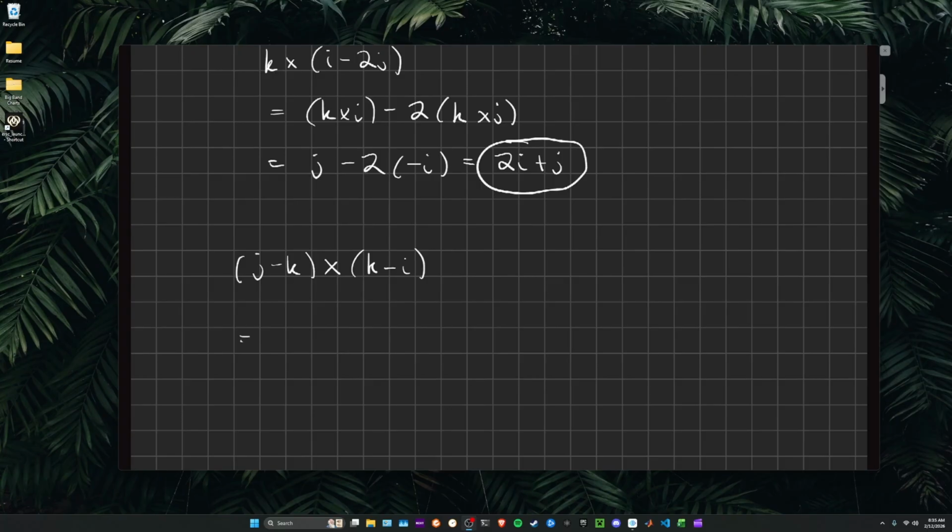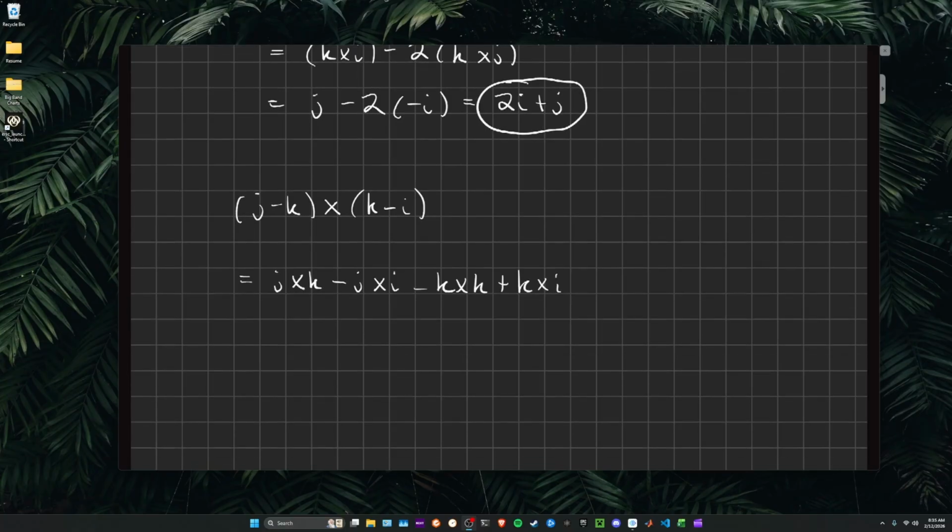So this would be J crossed with K minus J crossed with I minus K crossed with K plus K crossed with I. Okay, so we get I, and then K cross K is going to go to 0, so we'd have minus negative K. Again, anti-commutative property.